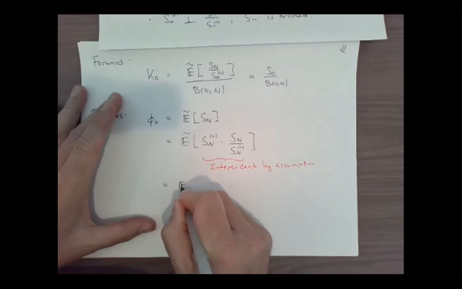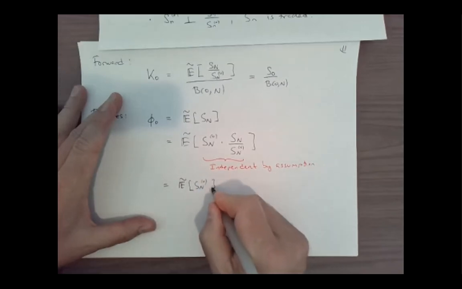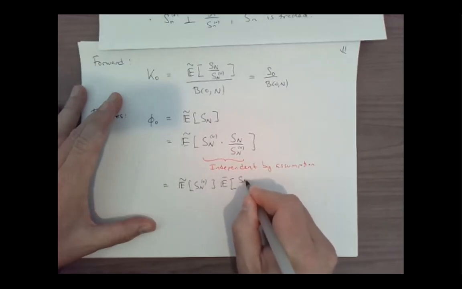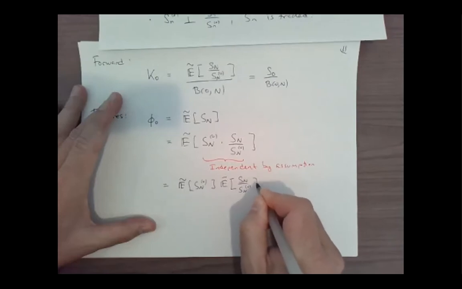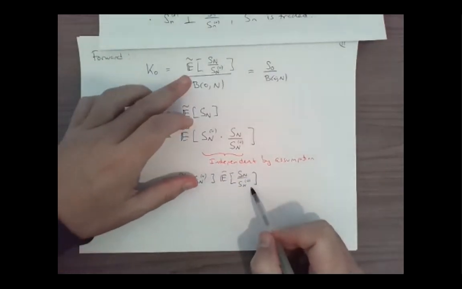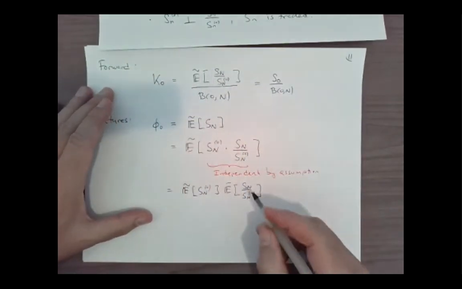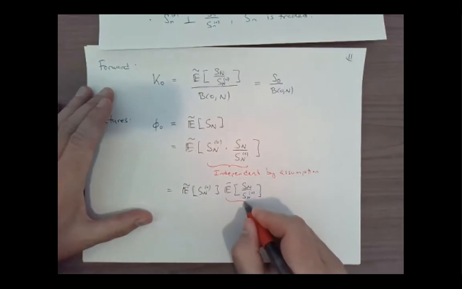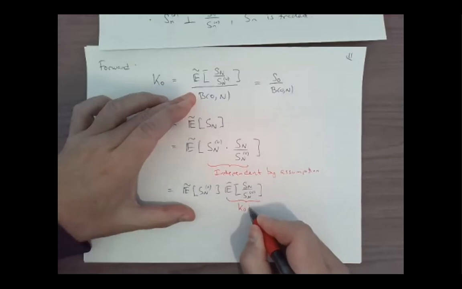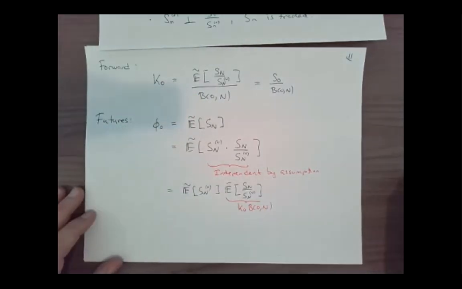I can now write this as an expectation of Sn0 times an expectation of the other one. Again, the latter part, this is what I recognize as being up here. This part becomes K0 times B0N.